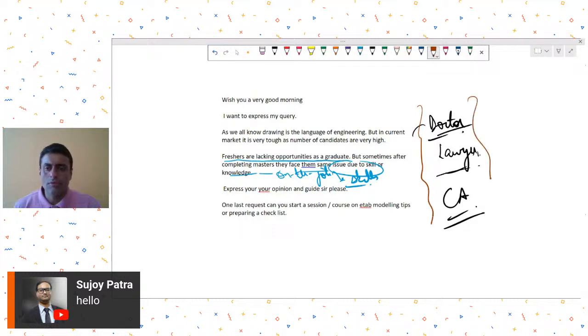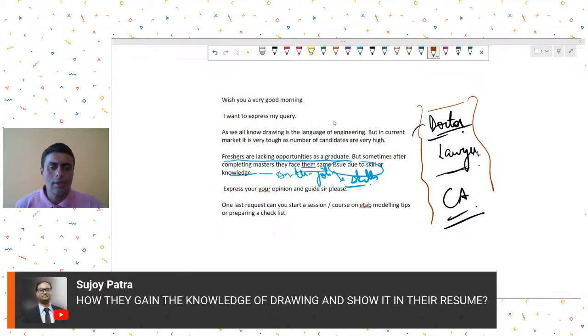You just do your 4 years degree. Everyone is BE or BTech after that, or you do 2 years of masters. Everyone is ME or MTech after that. There's no role of any internship, so nothing to gain on the job. So that's a big thing that is missing, and that's why when we graduate as a fresh engineer or a fresh postgraduate, we don't know what to do or how to do things practically, and that's why we face these difficulties.